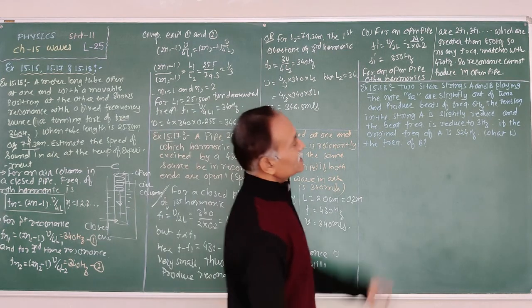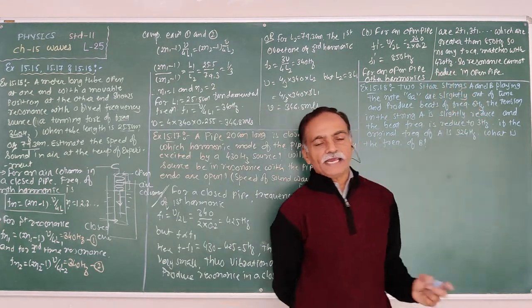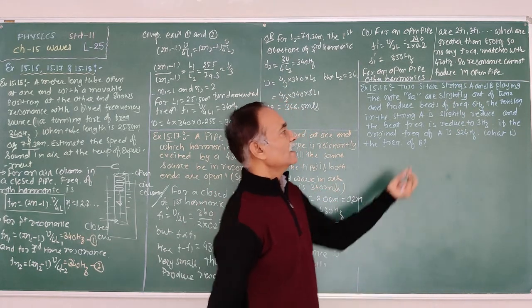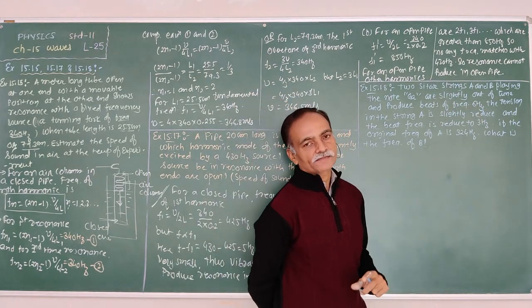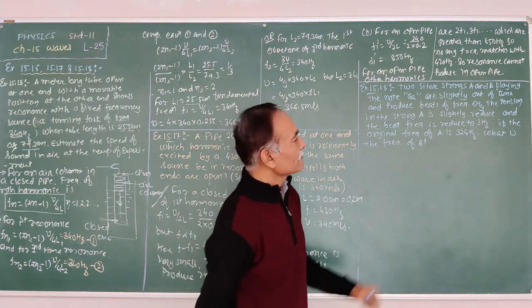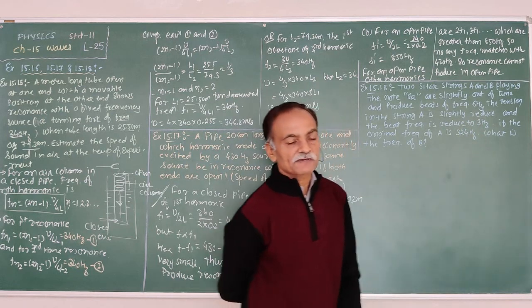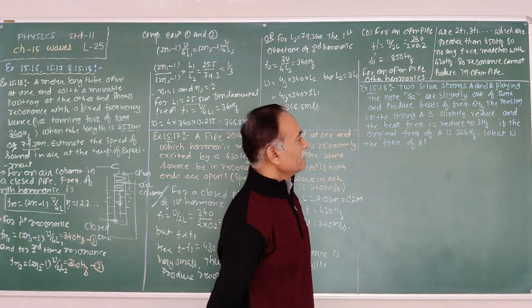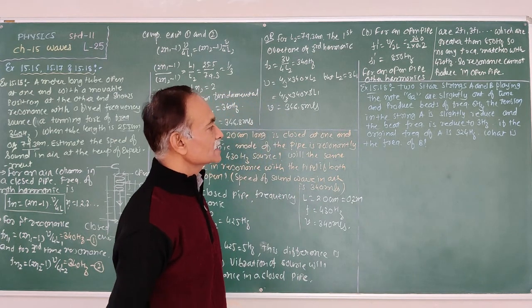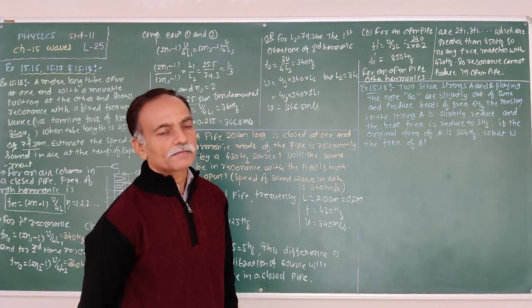That means initially the two wires of the sitar produce 6 beats per second. Now the tension is slightly reduced in string A, and the number of beats produced per second is 3. If the original frequency of A is 324 Hz, what is the frequency of B?